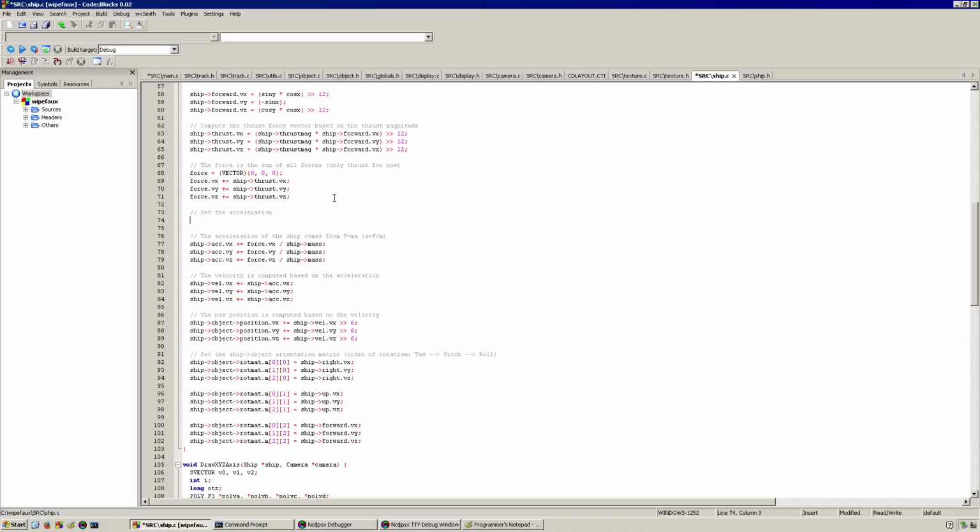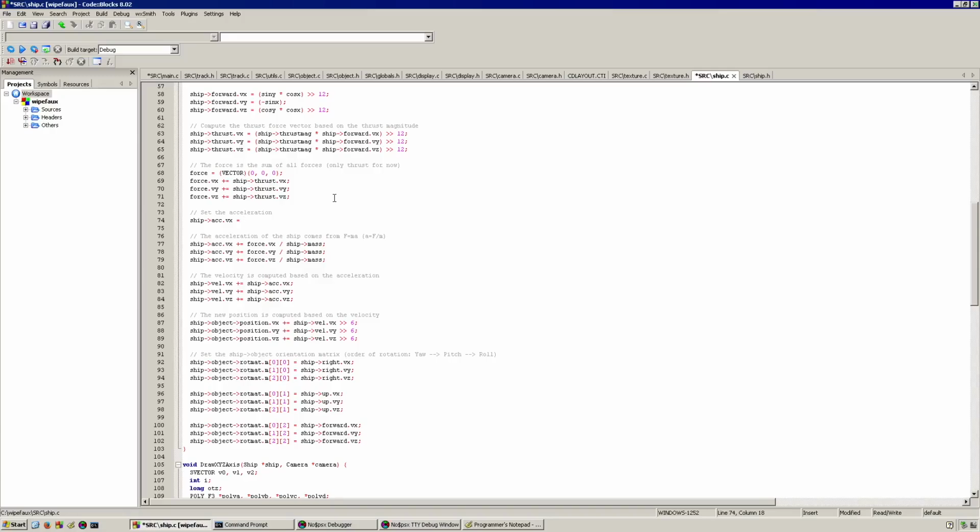So set acceleration, we're going to have to set the ship acceleration Vx, and it has to have all three components of the vector. So the Vx needs to come from the new nose vector. It's going to be the difference of these velocity vectors before and now, and only that difference.